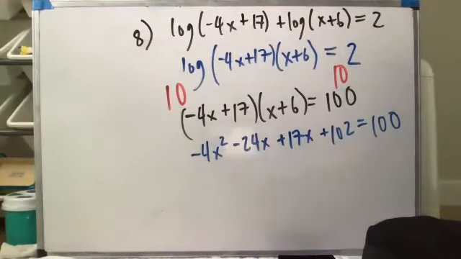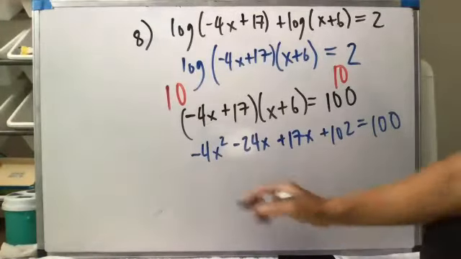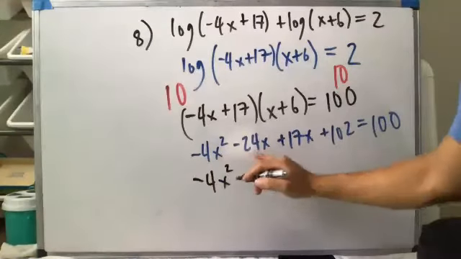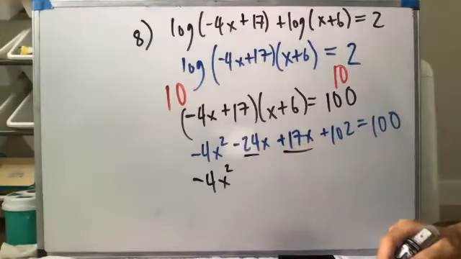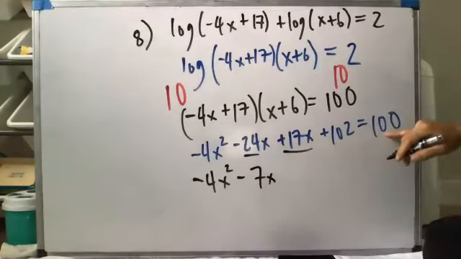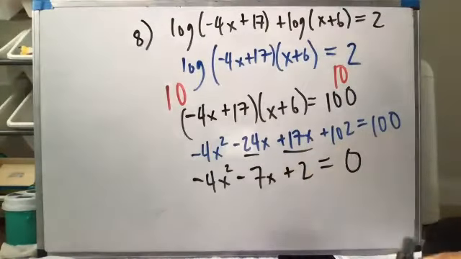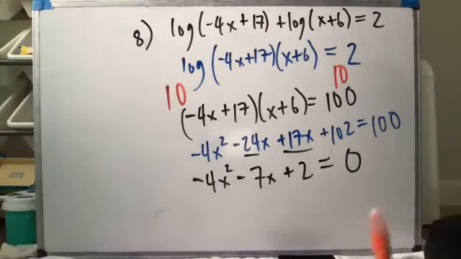I want to do the same thing as before, move all the numbers to one side, with 0 on the other side. So it's negative 4x squared, and combining these two gives negative 7x. Then subtract 100 on both sides, which gives plus 2 is equal to 0. I'm going to try to see if it will factor.